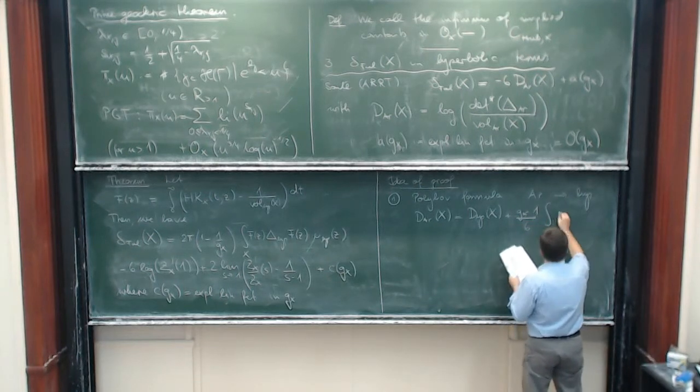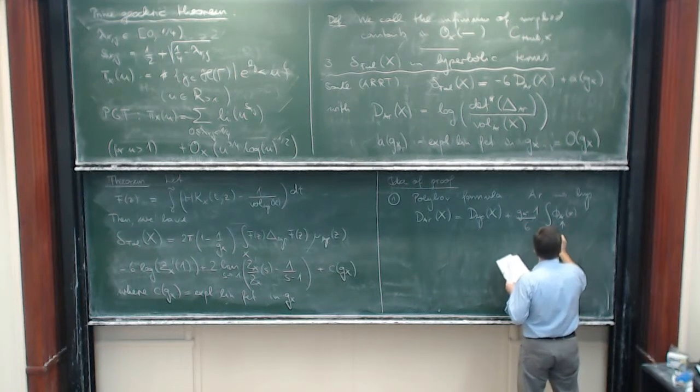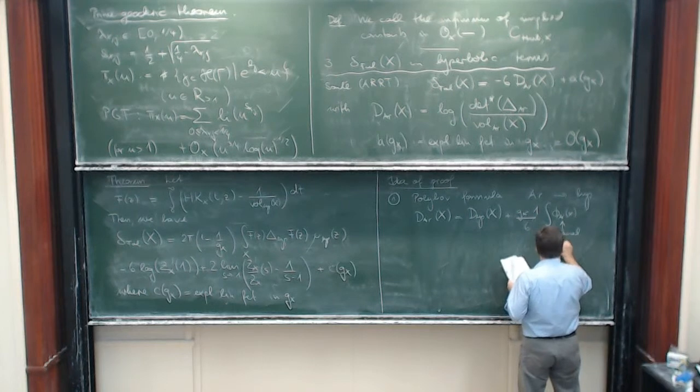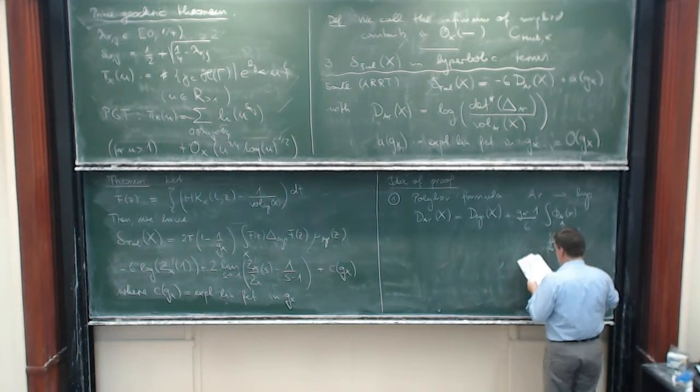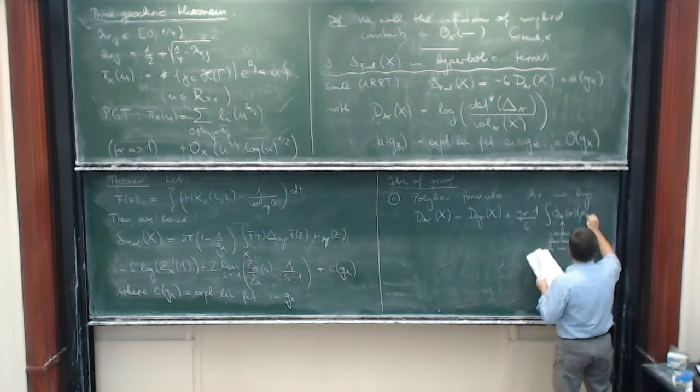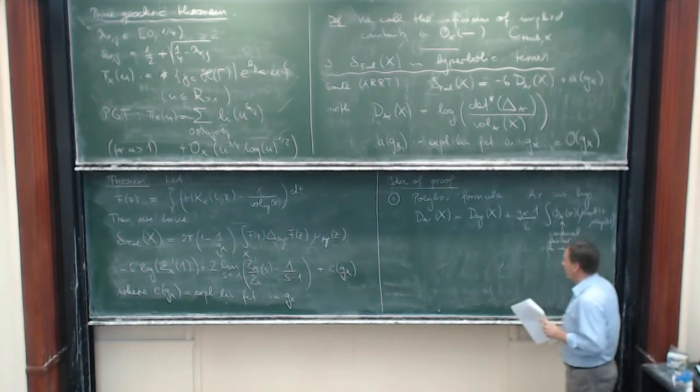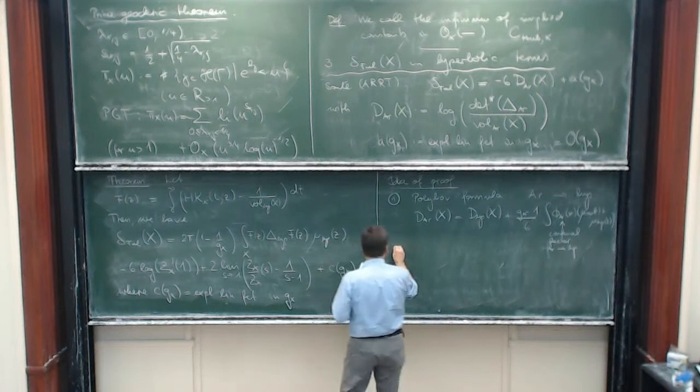And here you have the conformal factor. That's the conformal factor describing the change from the Arakelov metric to the hyperbolic metric. And then here you have the canonical metric of z plus the hyperbolic metric of z, where you integrate against, so to say. So that's the first step to establish this formula.